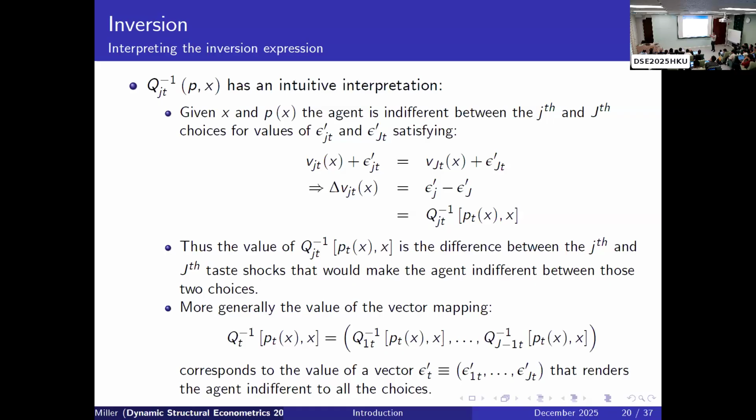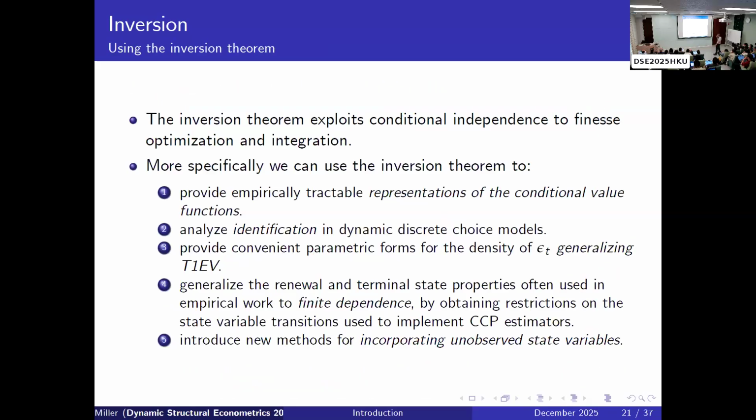It is giving you the set of differences for which the agent is indifferent between these various options. More generally, okay, the value of the inverse mapping corresponds to those set of epsilons that renders the agent indifferent to all those choices. That's a way of thinking about what this inverse thing is.